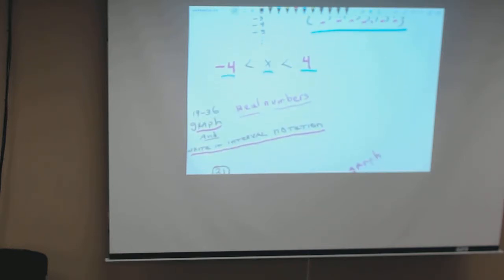Now for 19 through 36, it says graph the solution set of each sentence and write the solution set if possible in interval notation. It doesn't say anything about real numbers. No, it doesn't. Does it?